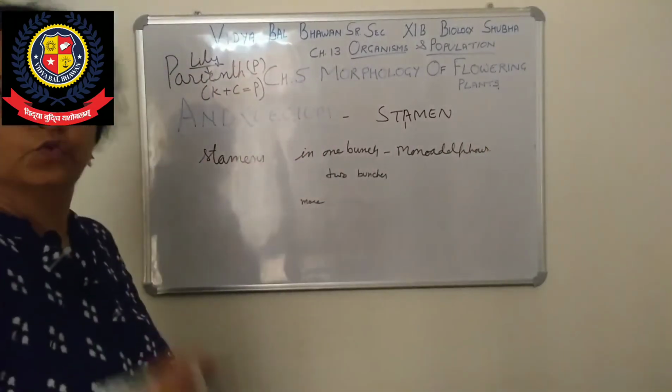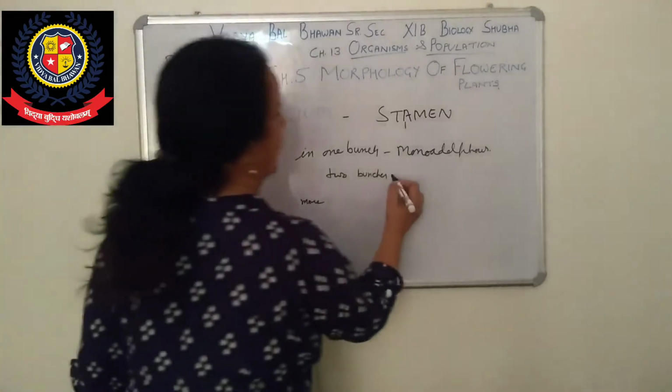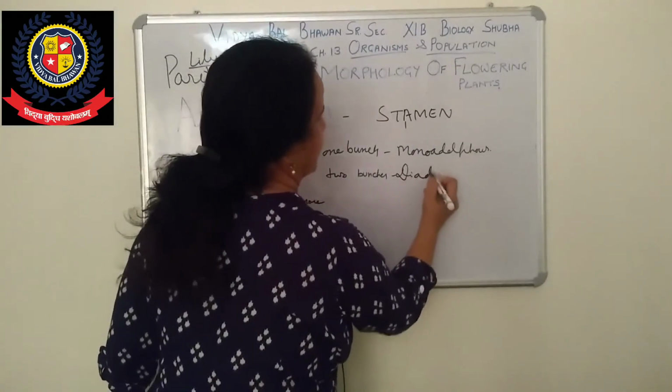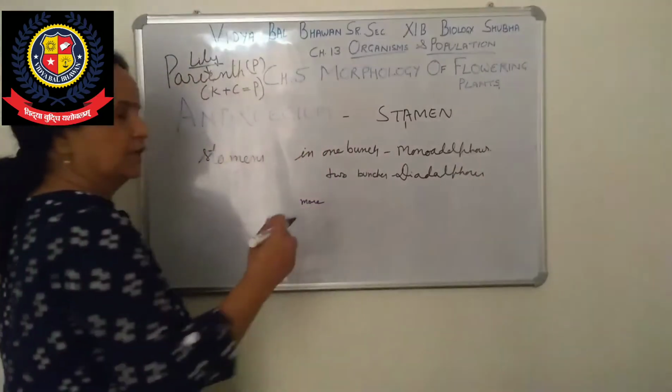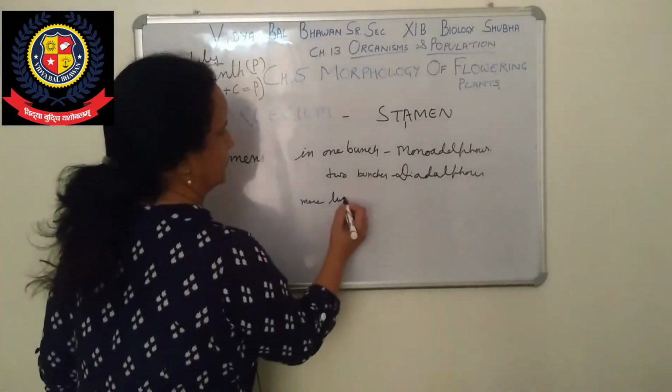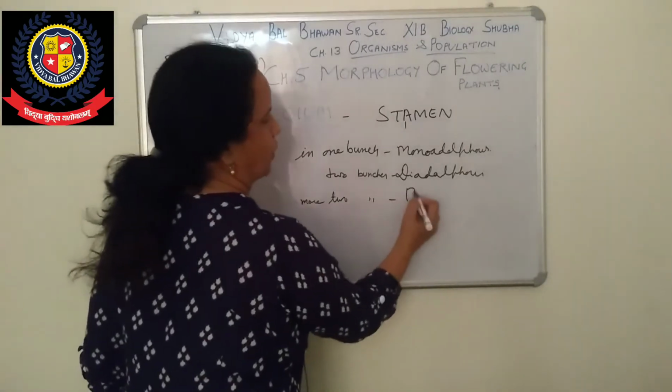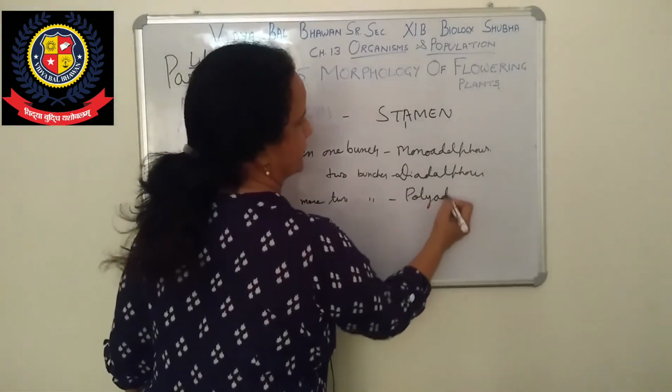When they are arranged in two bunches, it is called diadelphous. And when there are more than two bunches, it is called polyadelphous.